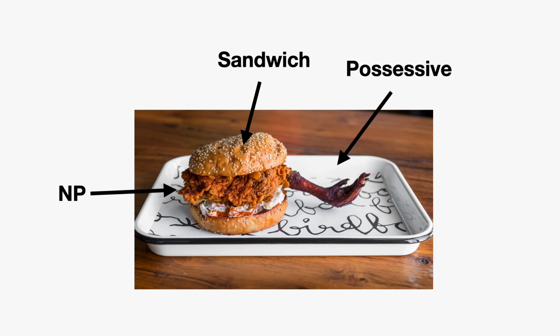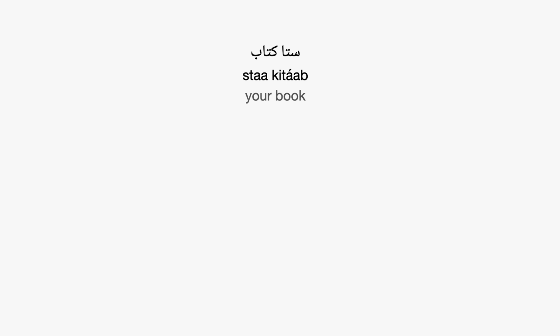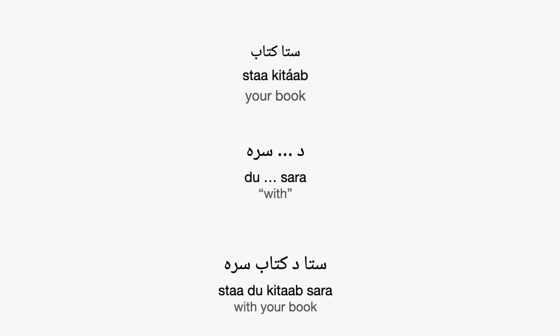So if there's a possessive, then it will hang outside of the sandwich. You're welcome. That's a pretty gross picture, but I don't think you're going to forget that the possessive hangs out of the sandwich now. For instance, sta kitab is your book, and if we put it in the sandwich da sara or la sara, then the sta part, that possessive, is going to hang out of the outside of the sandwich, like sta de kitab sara, with your book. There's the sandwich, and there's the possessive hanging out on the outside, like a gross chicken leg.